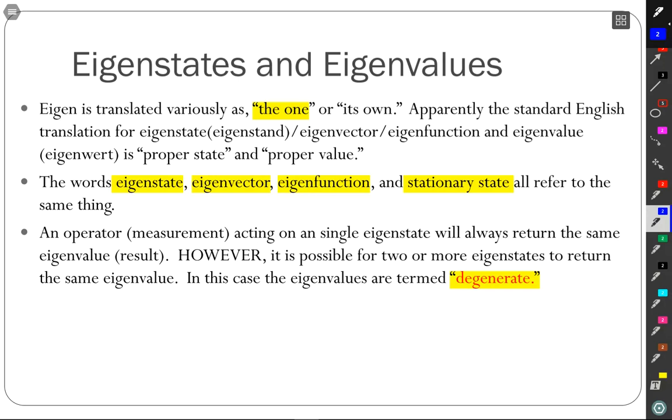You can have 2 electrons in the ground state. That's degenerate because you have 2 different states, but the same energy. So that's what we mean when we have degeneracy. That's an energy degeneracy: 2 different states that have the same energy. That's going to be an important thing for us to think about as we move on. So these words are important ideas, and it's important to know what degenerate means.